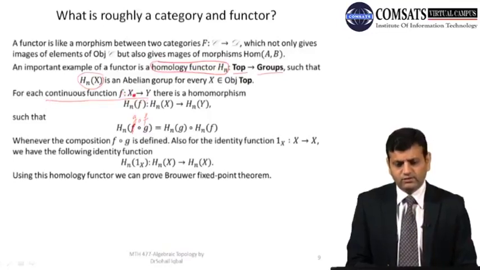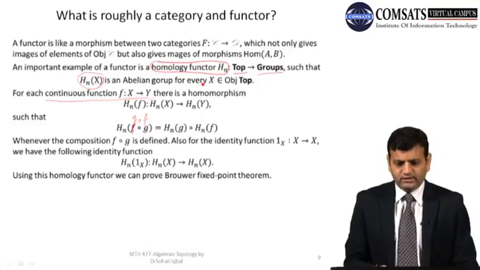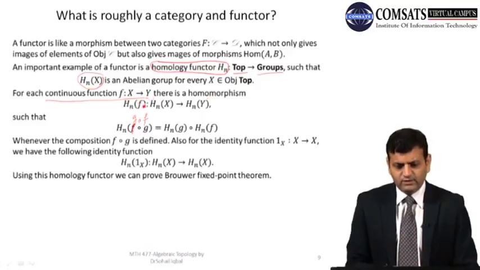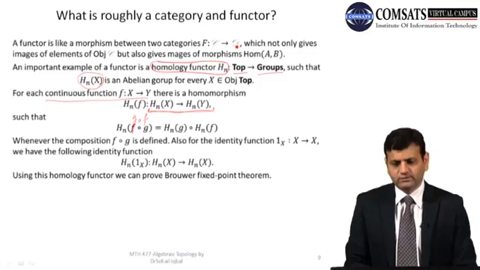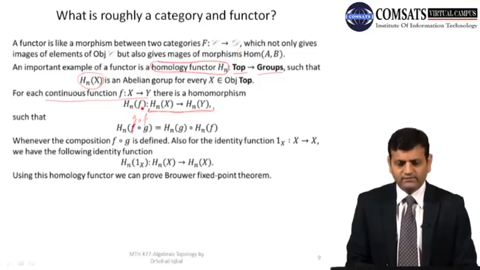So if f is any continuous function from X to Y, then we have this image Hn(f), which is a function from this abelian group to this abelian group. Now it's going to be a morphism between these two abelian groups. What is a morphism in the case of groups? It is a homomorphism. So Hn(f) is a homomorphism from the abelian group Hn(X) to Hn(Y).